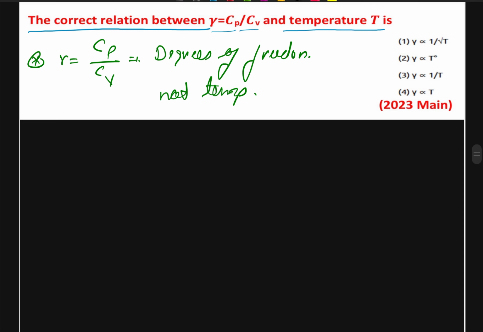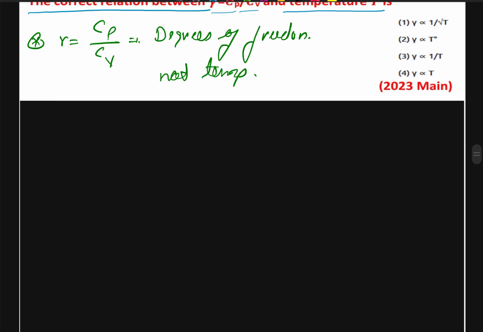Therefore, we can write that gamma is proportional to T raised to power 0. So, option 2 is correct.